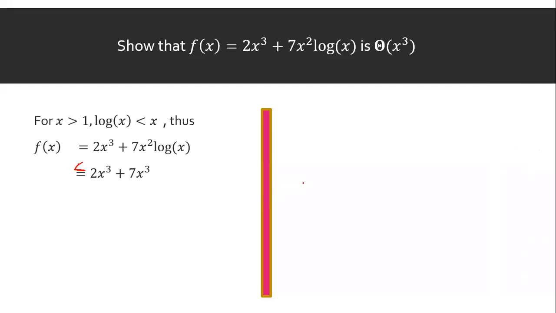Right, because I'm replacing log x with x. This is equal to 9x cubed. So let c be 9, k be 1. And we can see that f of x then is big O x cubed.